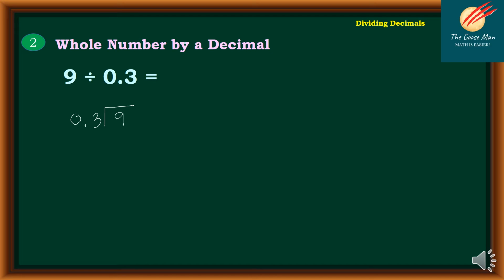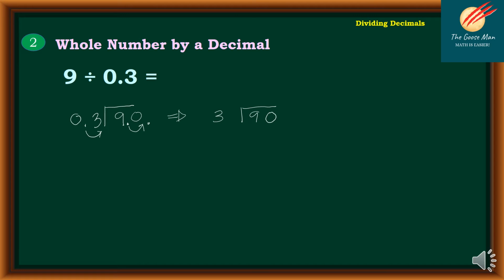So we will move the decimal point to the right only once. Take note that the decimal point of 9 is on the right side. Since we moved one time to the right, we will also move one time to the right and put the decimal point here and write the 0. So therefore, the new divisor is 3, while the new dividend is equal to 90.